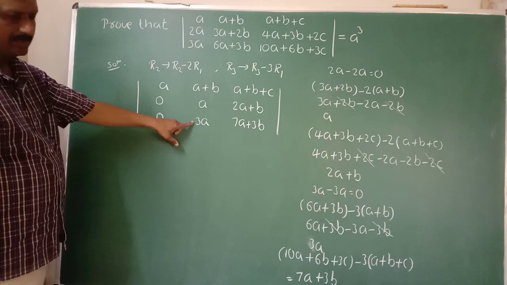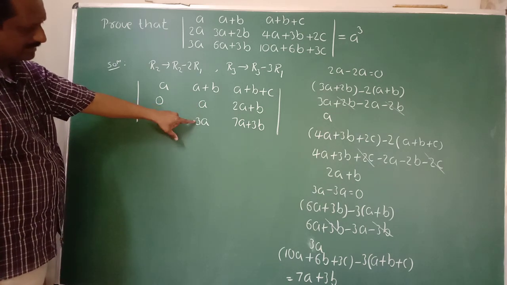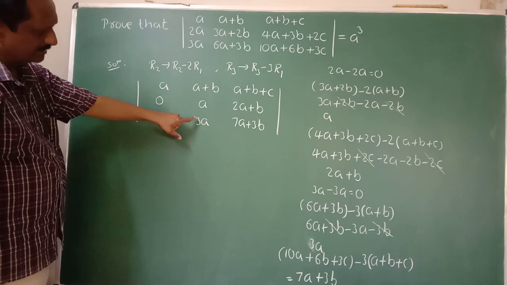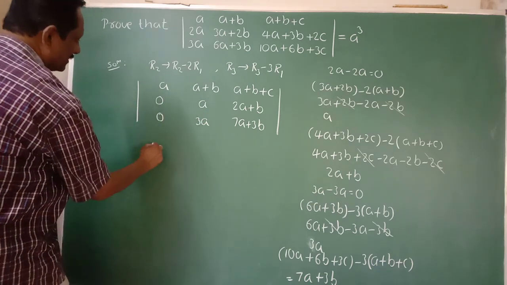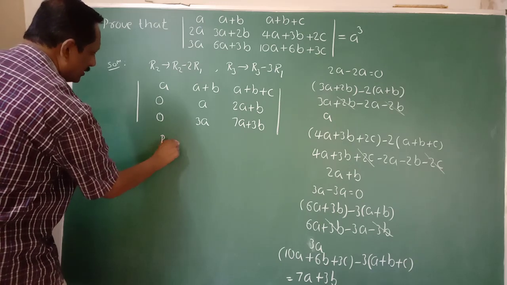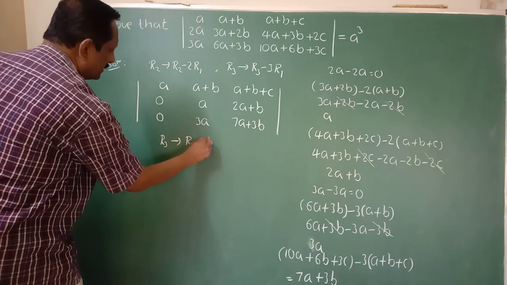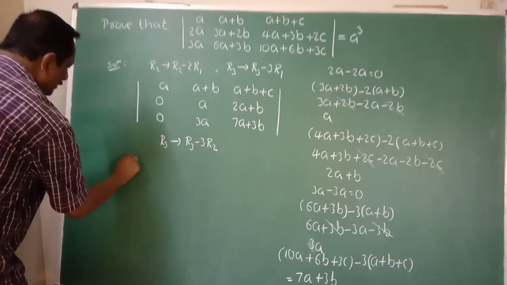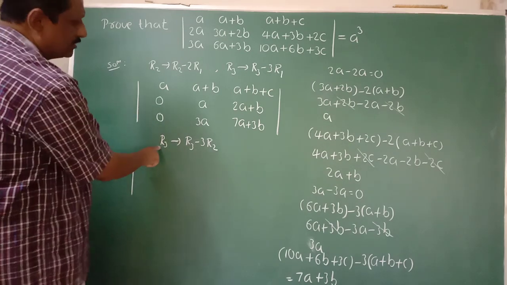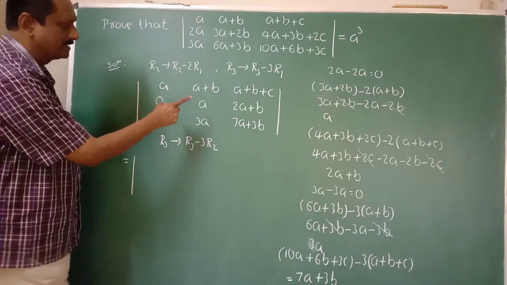Here 3a is there, here a is there. Multiply by 3 and subtract, again this becomes 0. Hence this is the third row and this is the second row. So the third row becomes third row minus 3 into second row. The third row changes; first and second row elements keep as it is.